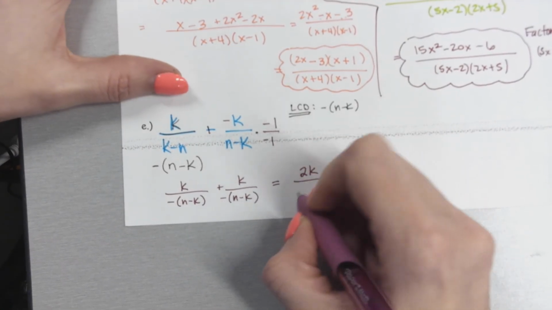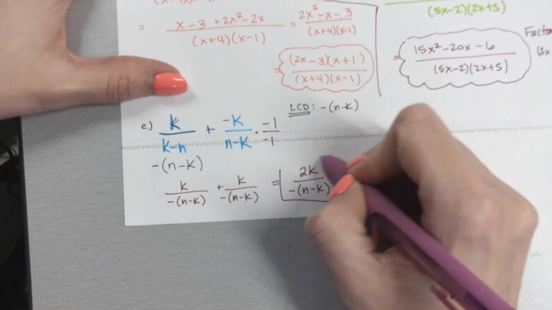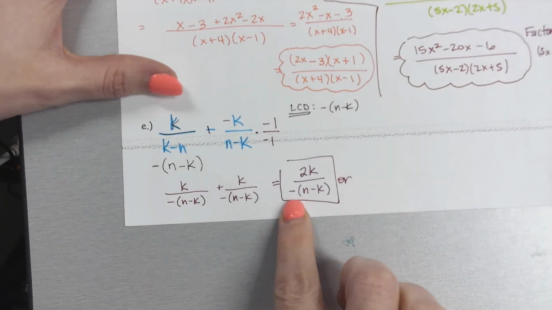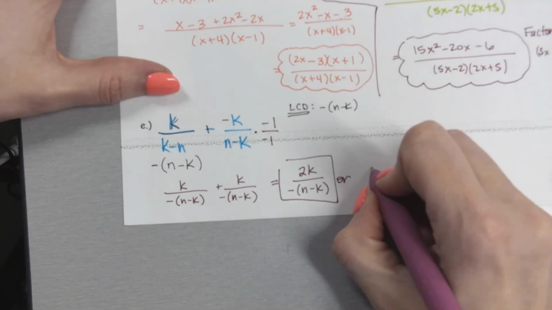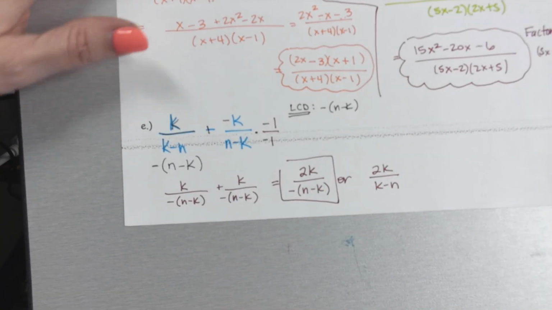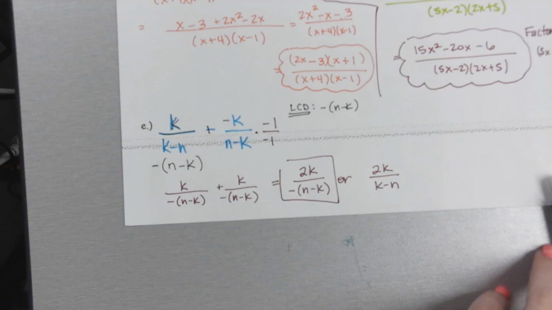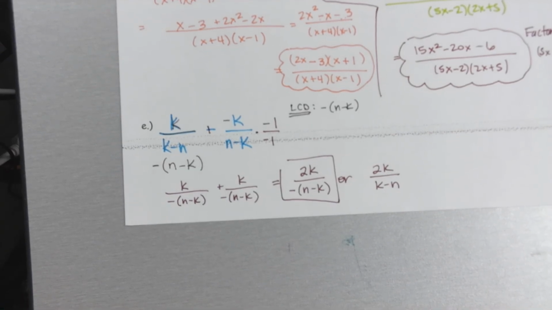You can leave it as 2k over -n minus k, or if you distributed that and you left it as k minus n, that would be fine too. Okay, so it just depends on what you are taking out. So there's multiple ways to do that one.